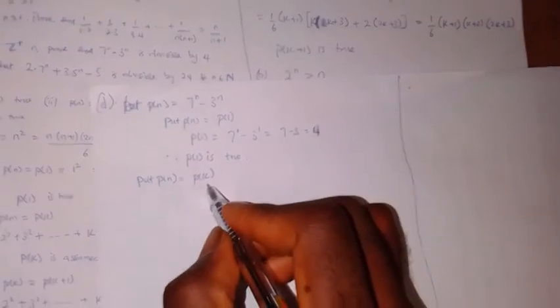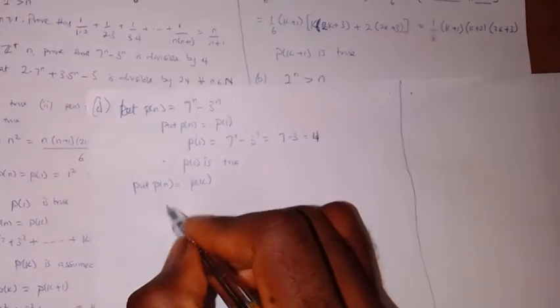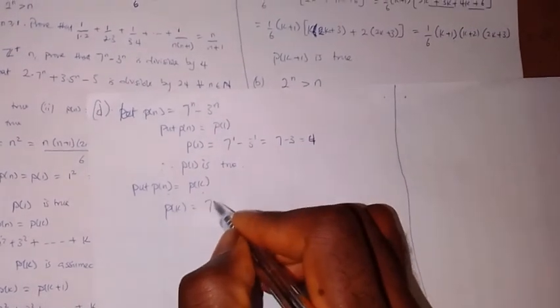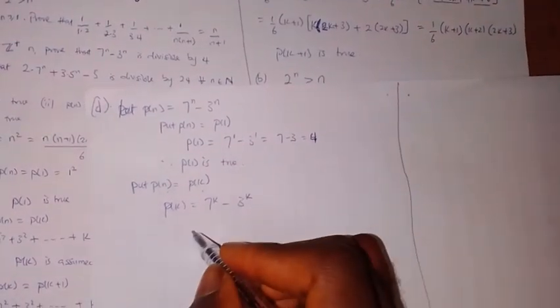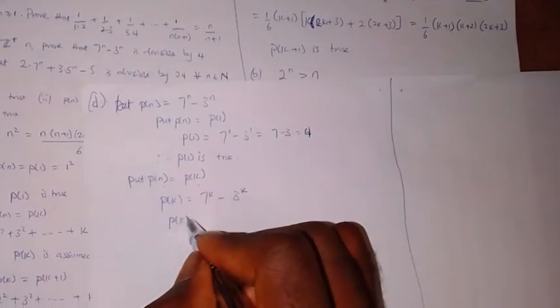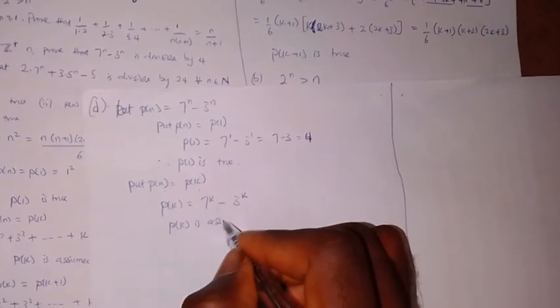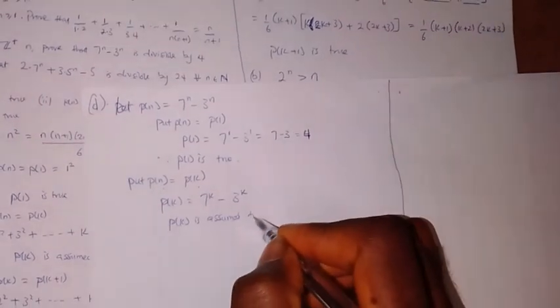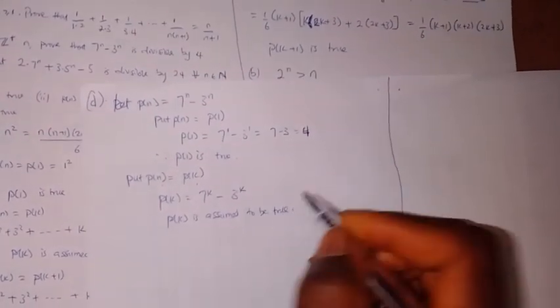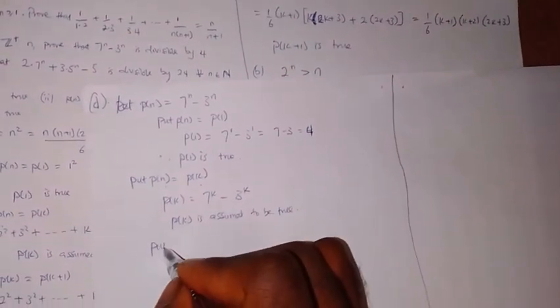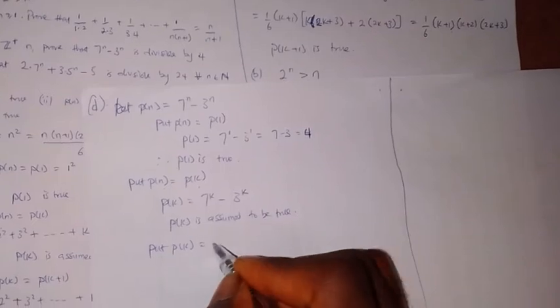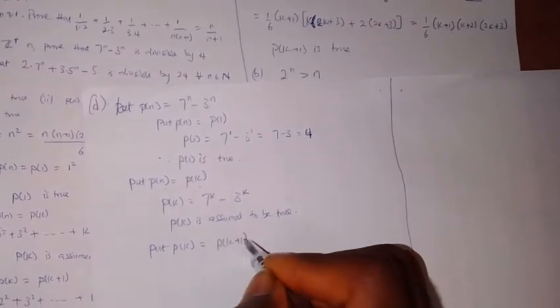Put P of n to be P of k. Whatever is n, you put k. So it means my P of k now becomes 7 raised power k minus 3 raised power k. That's the answer for that one. Now, in that case, my P of k is assumed to be true. After getting your P of k, then put your P of k to be equals to P of k plus 1.